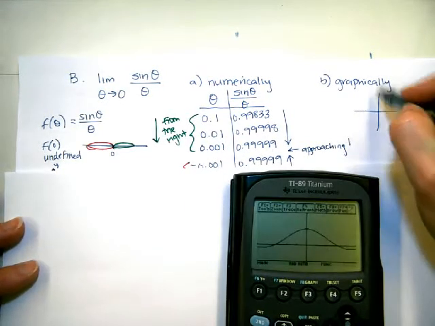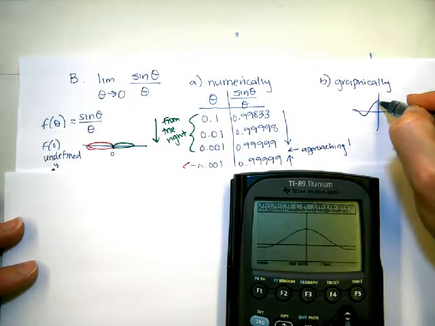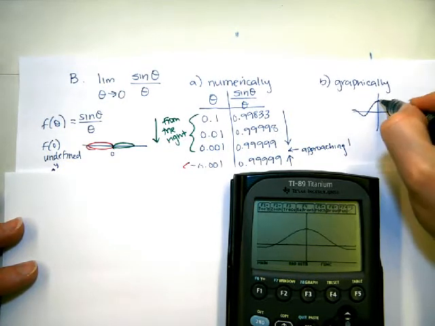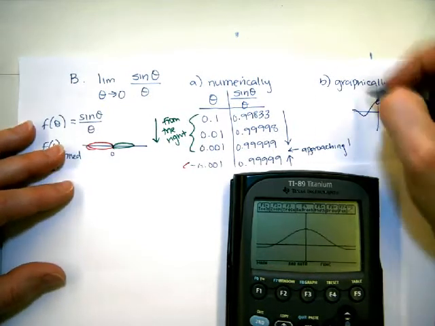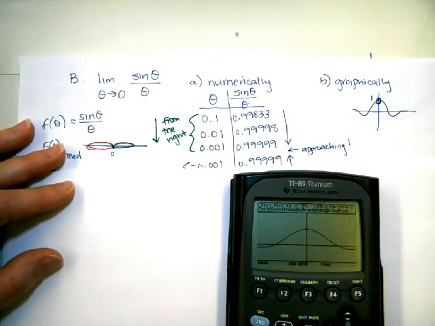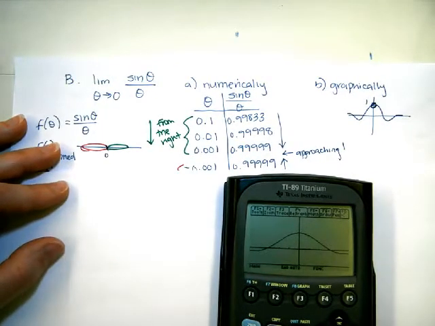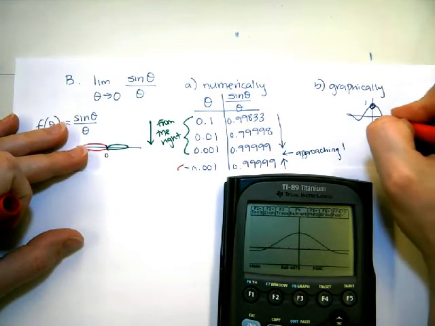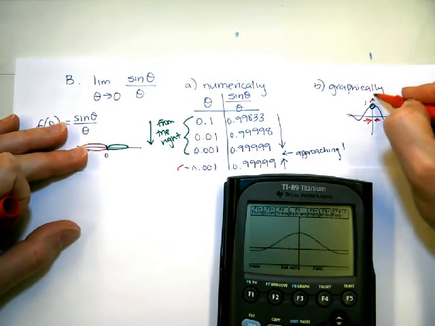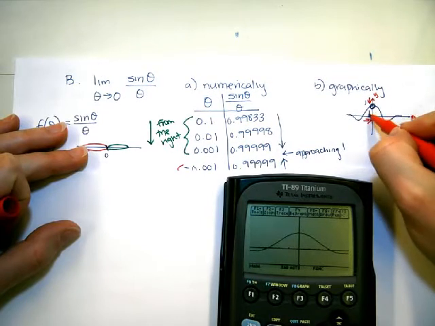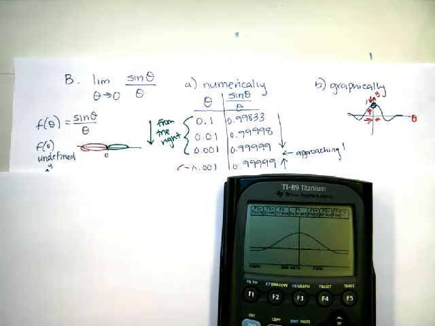So we can see that, again, there's a hole right here that your calculator's not showing you. And that hole appears at 1. So we would say then that as theta approaches 0, this is our theta axis, our output is approaching 1.